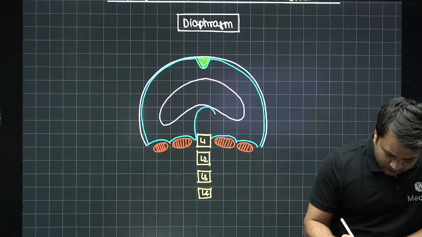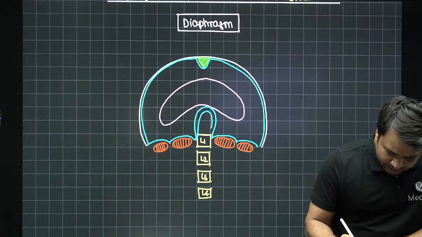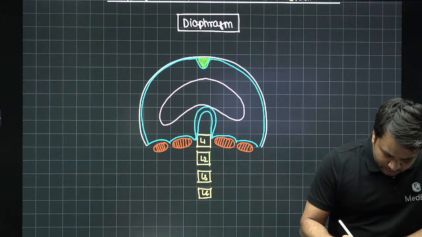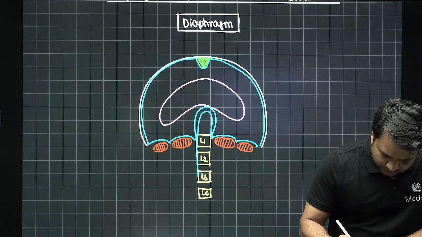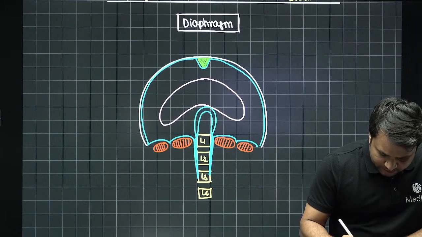This is how a muscular component would look. We'll detail a bit of this. This is what we call the crus of the diaphragm, and this will continue and attach onto the vertebra, right? So this is the crus of the diaphragm on either side, the left and the right crus. This is the muscular component, right?